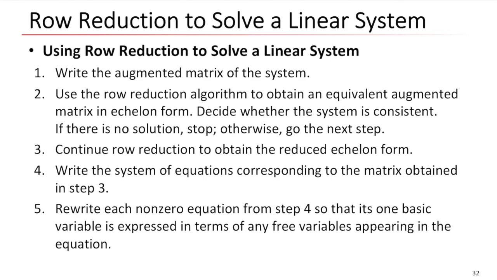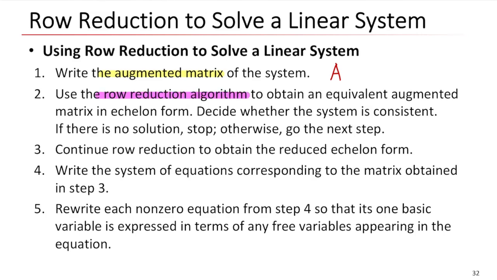So there are 5 steps. First of all, if we have the equations of the linear system, we should write the augmented matrix of the system, right? Let's say like the A, right?